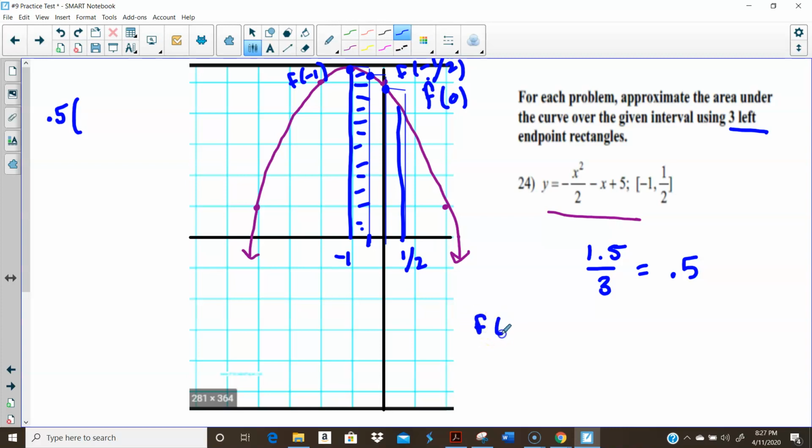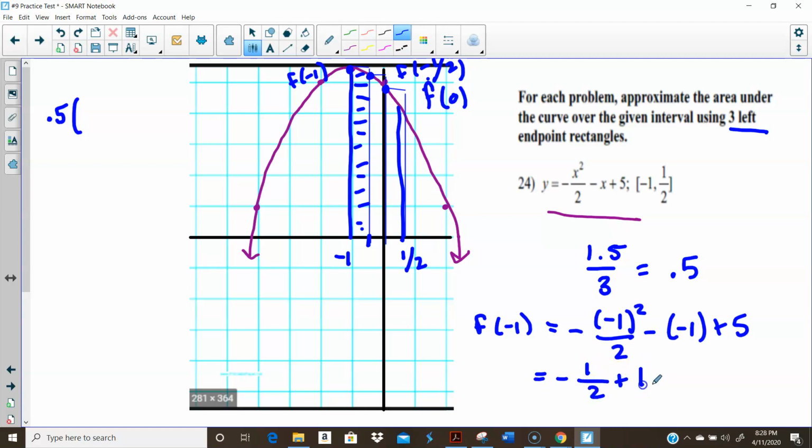So f of -1 is equal to the opposite of (-1) squared over 2, subtract -1, plus 5. So this is the opposite of 1 over 2 plus 1 plus 5. That's going to give me 6 subtract a half, which is 5.5.